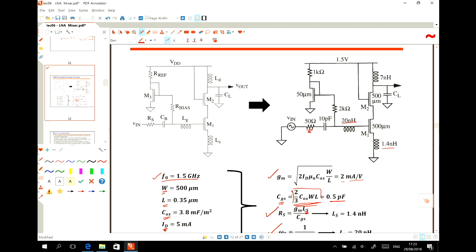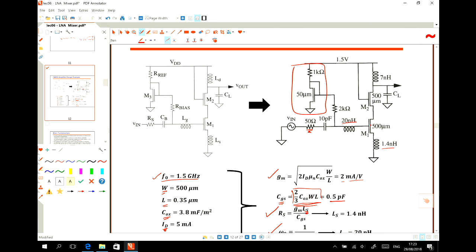So this configuration, actually you see that we used active biasing here. The advantage of this design is that it is active biasing, and you see that the transistor we use for the active biasing is different from the transistor we use for the RF. This transistor is a bigger one, maybe cheaper.